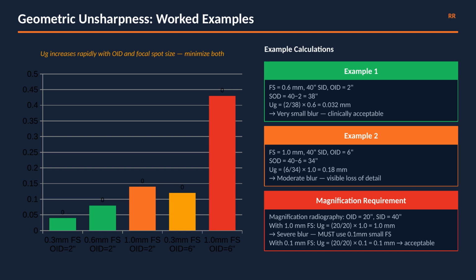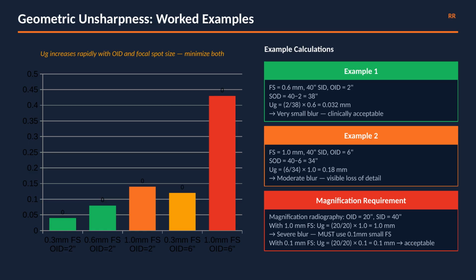Example 3, magnification radiography requirement, OID equals 20 inches, SID equals 40 inches. With a 1.0 millimeter large focal spot, SOD equals 20. UG equals 20 divided by 20, times 1.0, equals 1.0 millimeter.